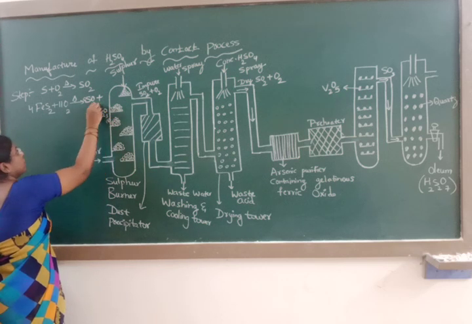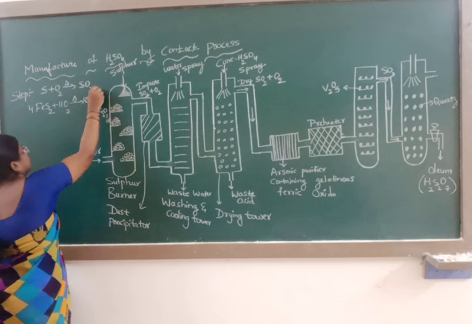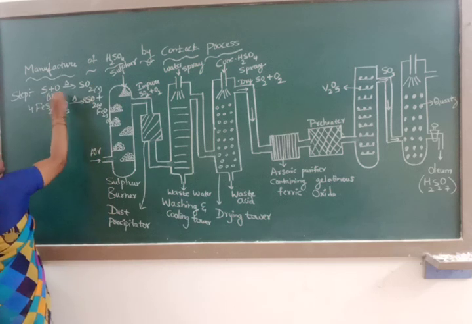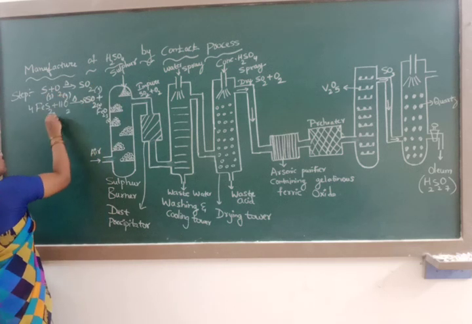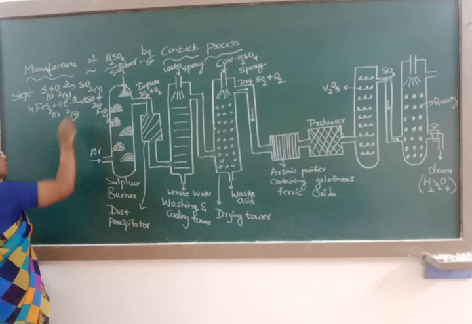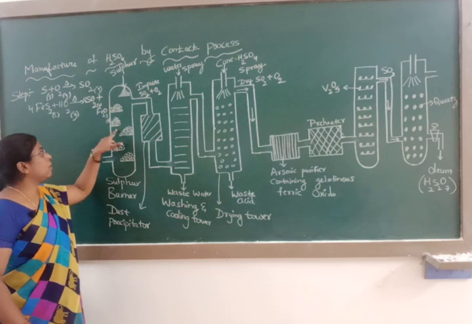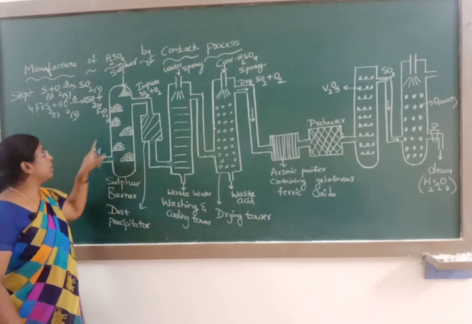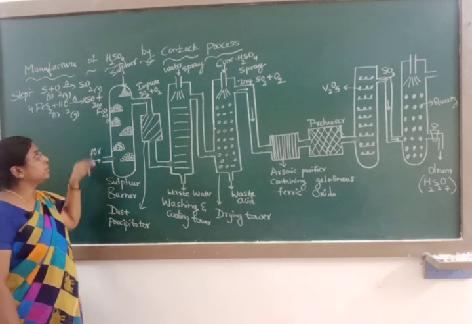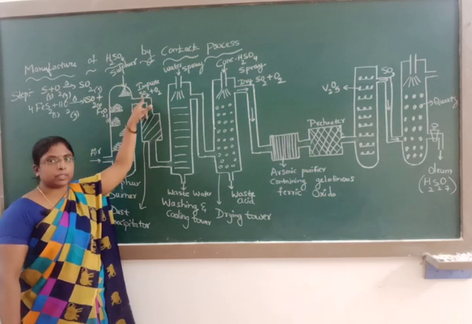Fe2O3 is a solid, and sulfur dioxide is a gas. This is the first step: sulfur or iron pyrites are burnt in the presence of air to form sulfur dioxide.